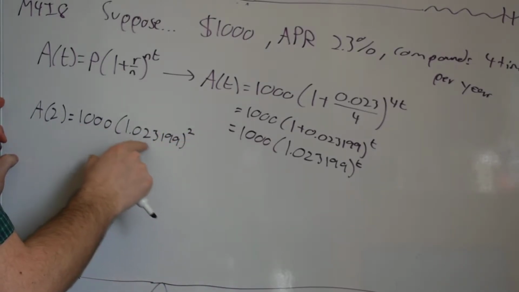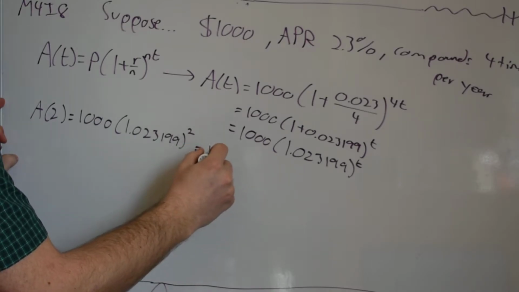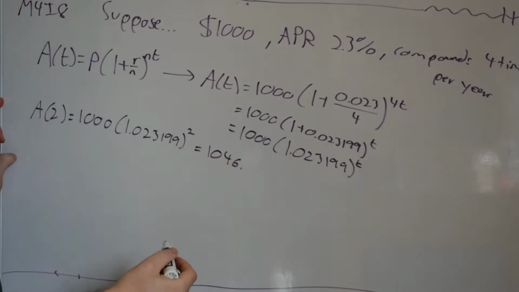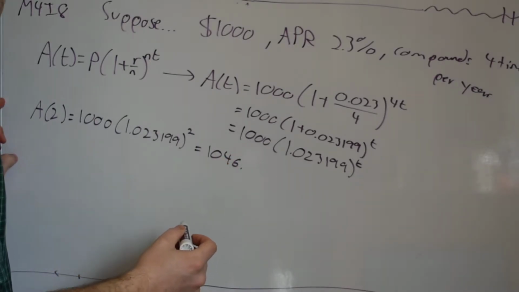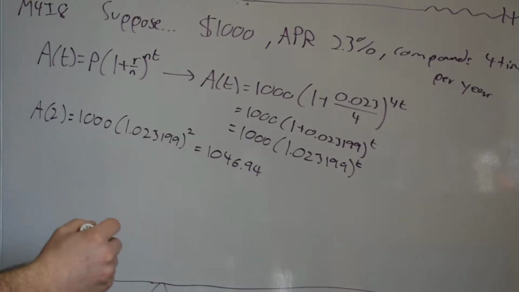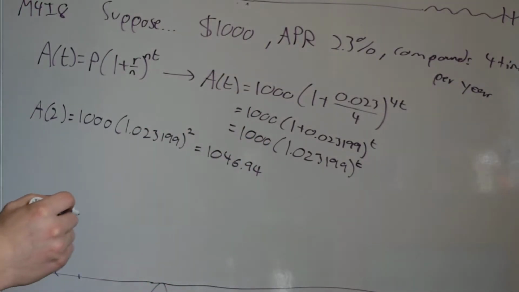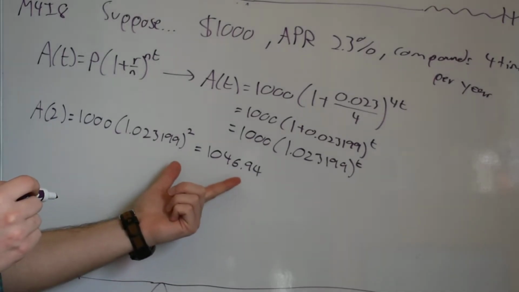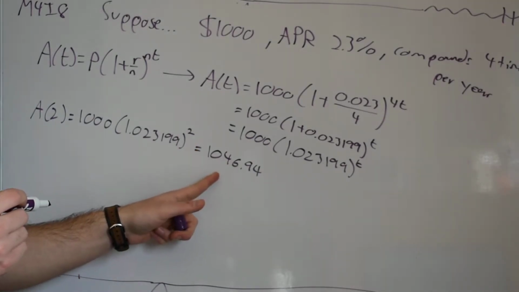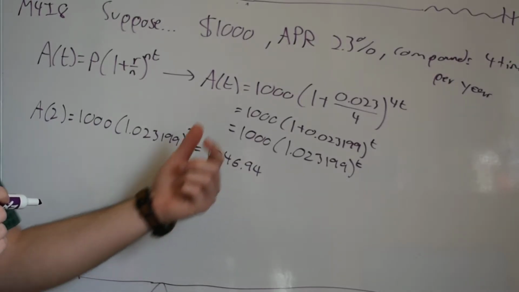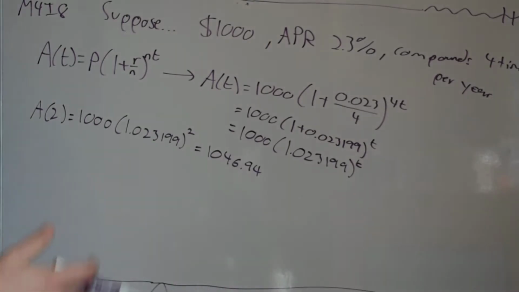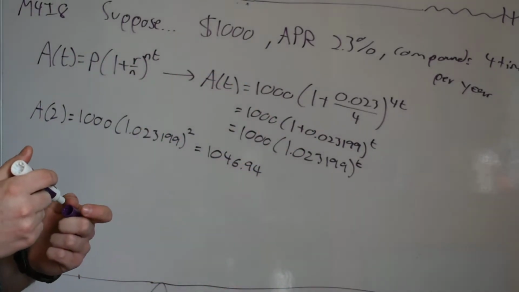Which, if we type this in our calculator, we're going to get $1,046 and 94 cents. Something like this. So, this is fine. However, oftentimes we want to have a certain amount of money by a certain amount of time. We want to have a goal for our savings accounts.